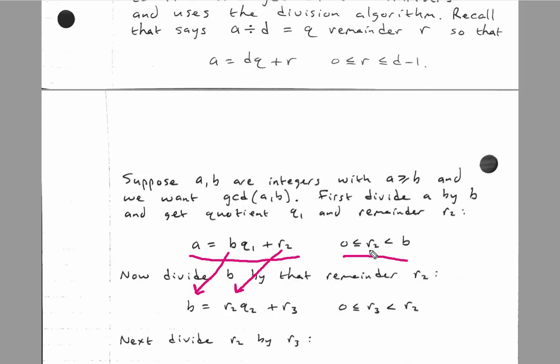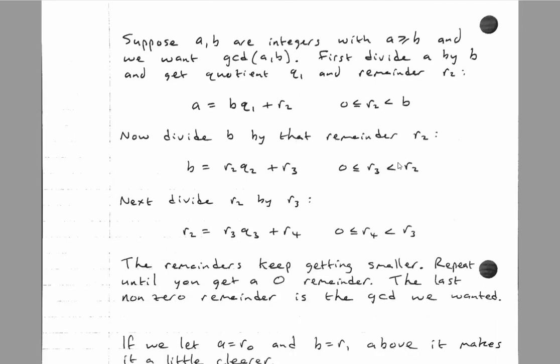That new remainder has to be less than B, so we are dividing by a smaller number. We get a quotient and the new remainder, r sub 3, where r sub 3 is strictly less than r sub 2. And we just keep doing that.